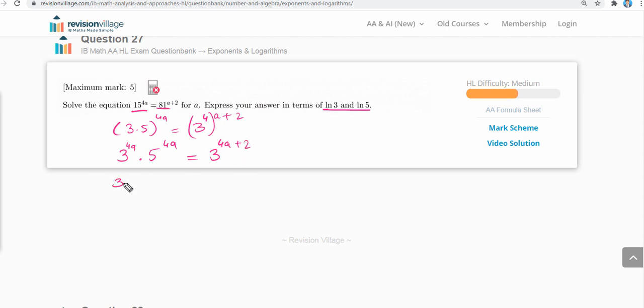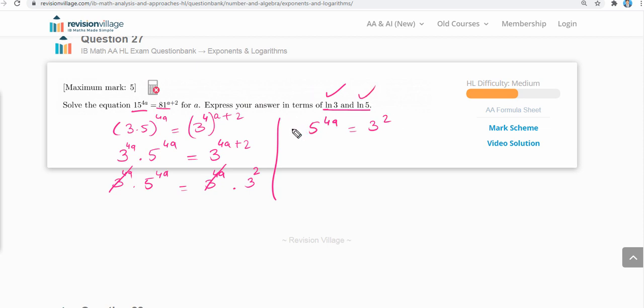So it's like 3 to the power of 4a times 5 to the power of 4a equals 3 to the power of 4a times, because the exponents are being added, so we can multiply the bases. So it's like 3 to the power of 4a times 3 to the power of 2. So we'll cancel these two and we will be left with 5 to the power of 4a equals 3 to the power of 2.